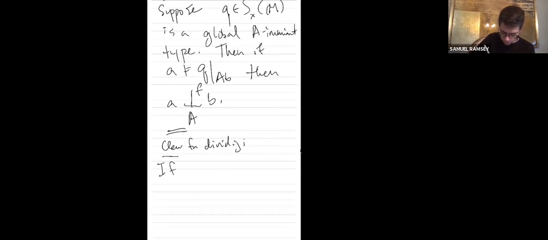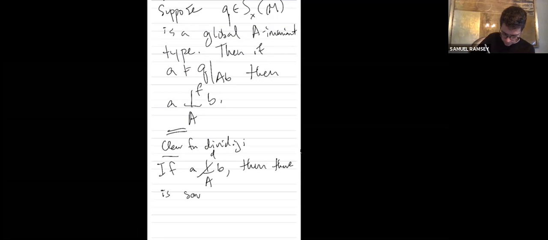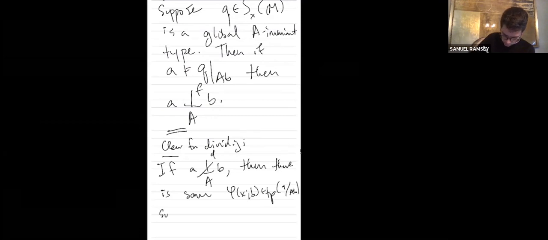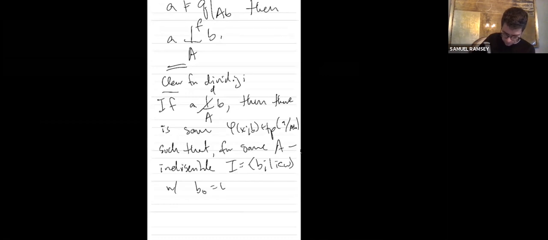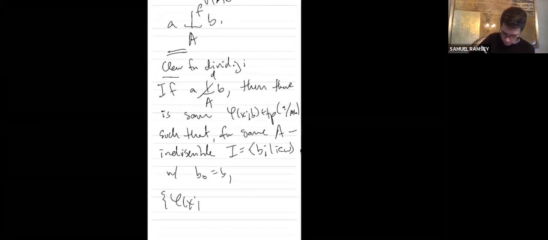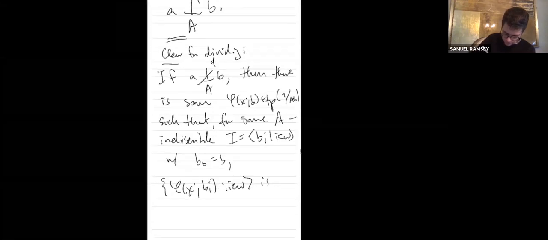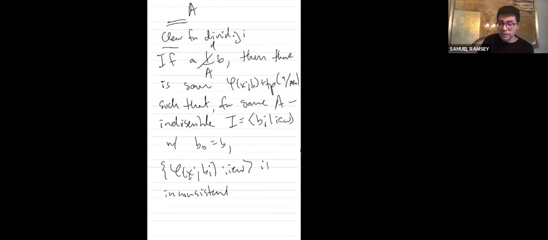Well, if A divides over A with B, then there is some phi x b in the type of A over AB such that for some A-indiscernible sequence, or sorry, that should be a B_i, A-indiscernible, B_i for i less than omega with B_0 equals B, phi x b_i for i less than omega is inconsistent. That's what it means to divide.